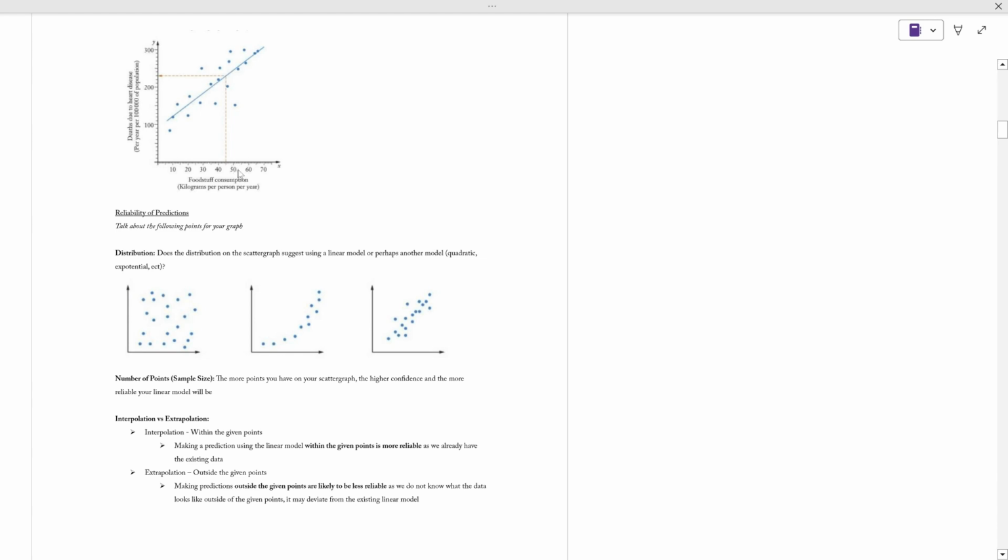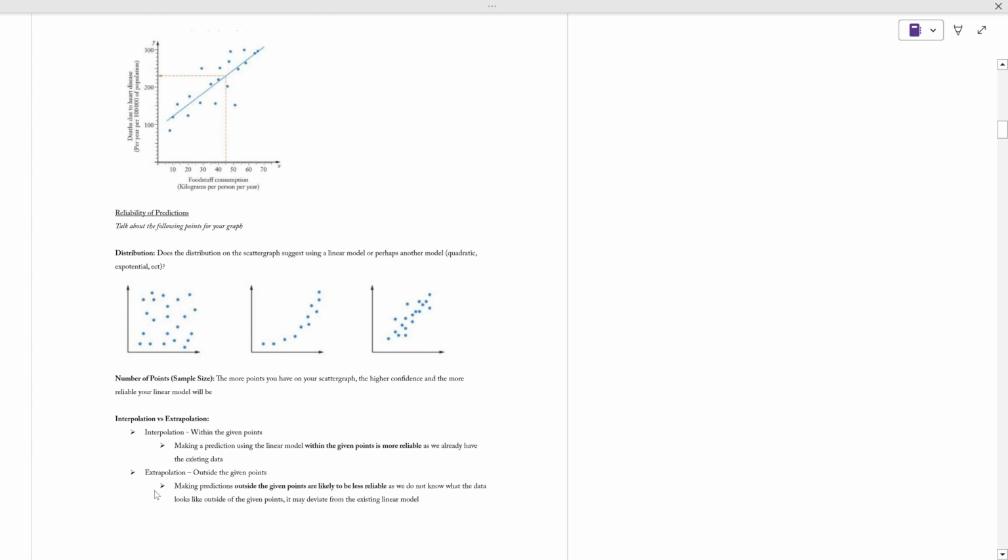All we have to do is go to 50, go up to where it meets the line of best fit, and then go across and read the y value. That looks like it's 250 or 260. The fact that we're predicting this value using the given data points, and it's within the given data points, makes it more reliable. So you can say that the prediction is reliable because we're interpolating within the given data set.